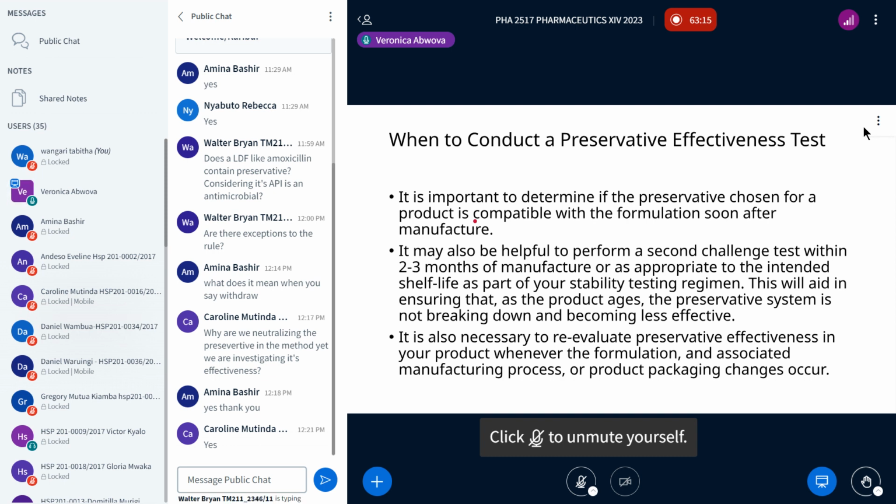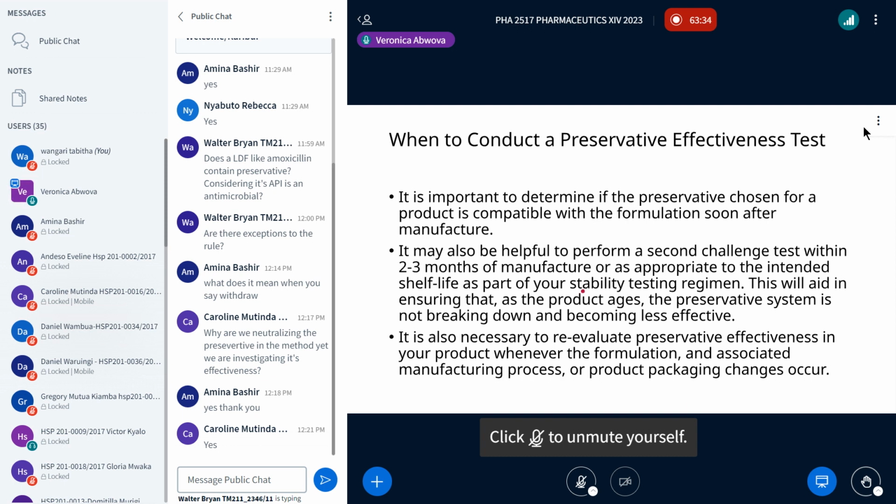Okay, it is interacting with the product. So because of that product packaging system, you test just to be able to prove that the preservative is effective for the full duration.